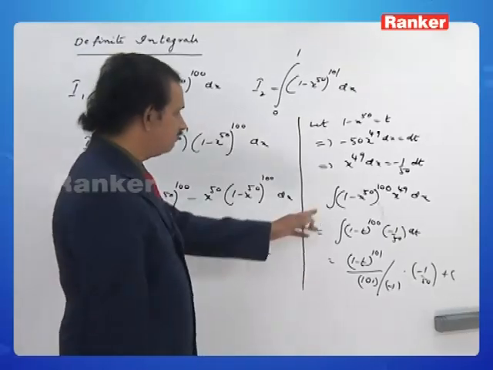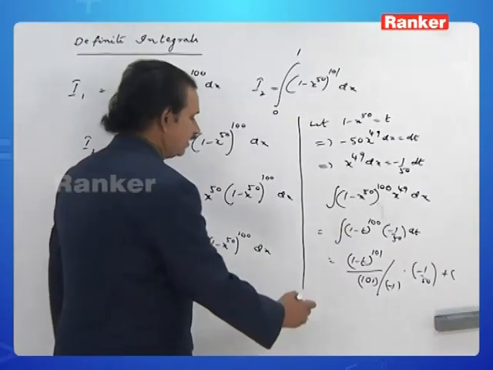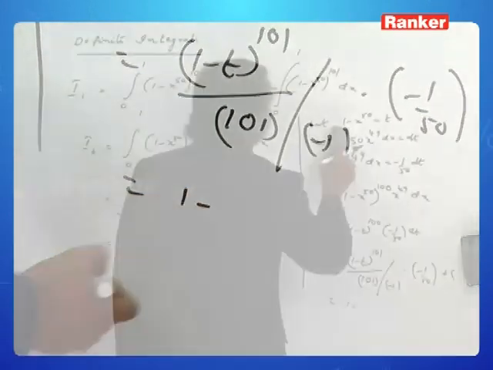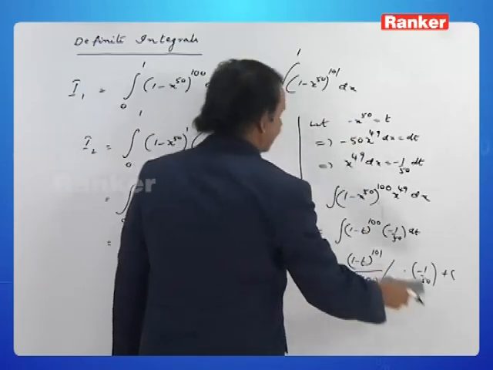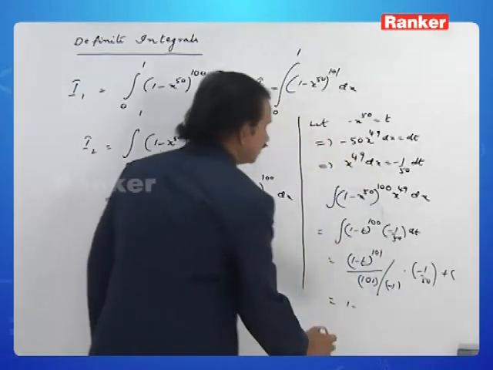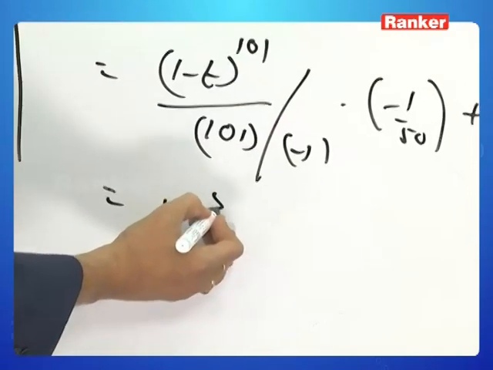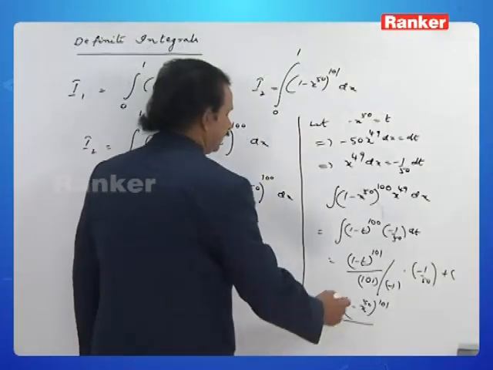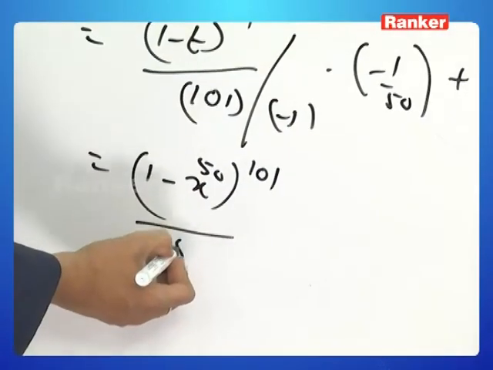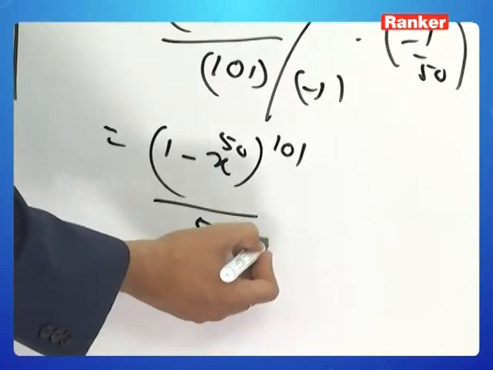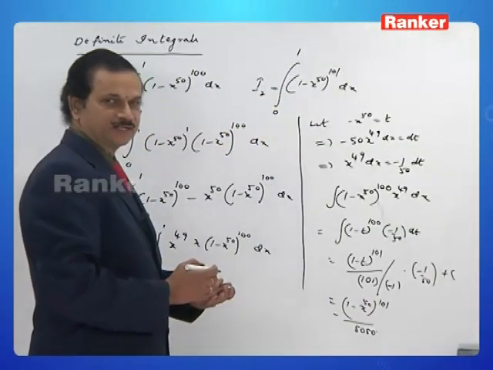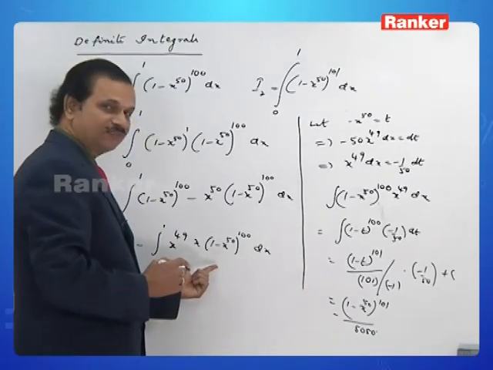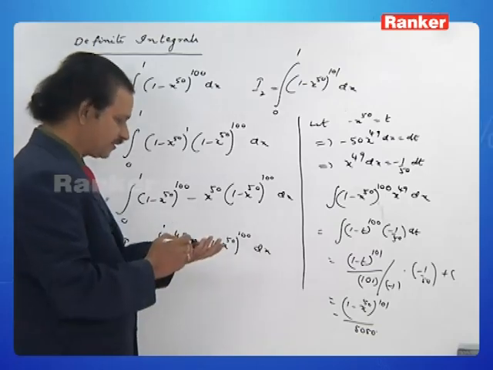I am calculating without the limits, so replacing t by 1 minus x to the power of 50, this is (1 minus x to the power of 50) whole to the power of 101 by 101 into 50, which is nothing but 5050. Isn't it? Now we shall make use of this in integrating by parts. That is the next part.